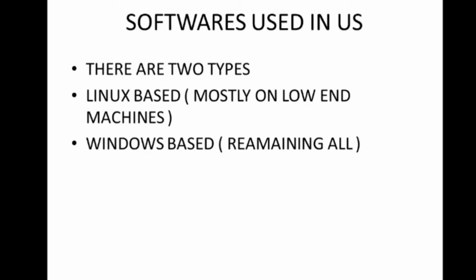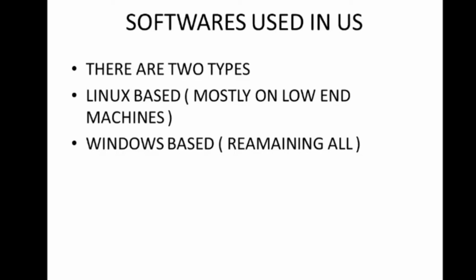Another major disadvantage in Linux based machines is the ports. If you take any Windows based machine, at least there will be 3 ports available. But if you take any Linux based machine, you will have only 1 or 2 ports. A port is where we place the probe.